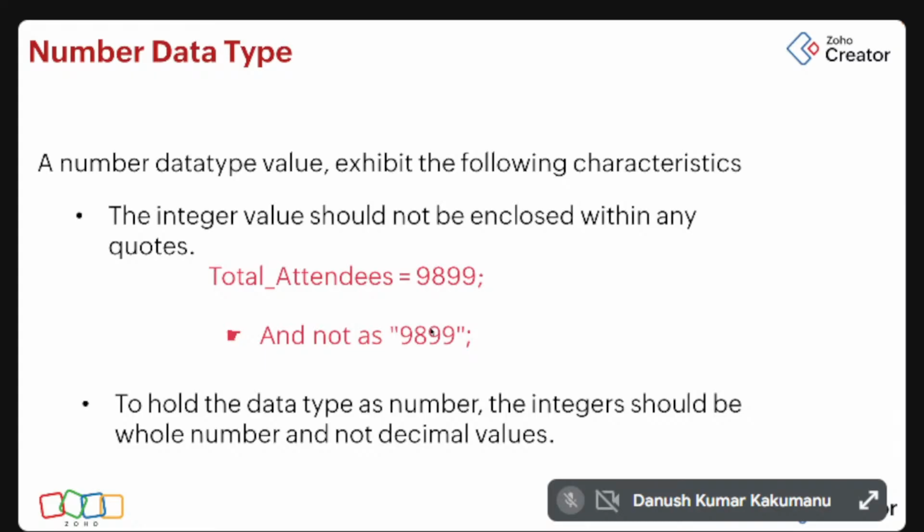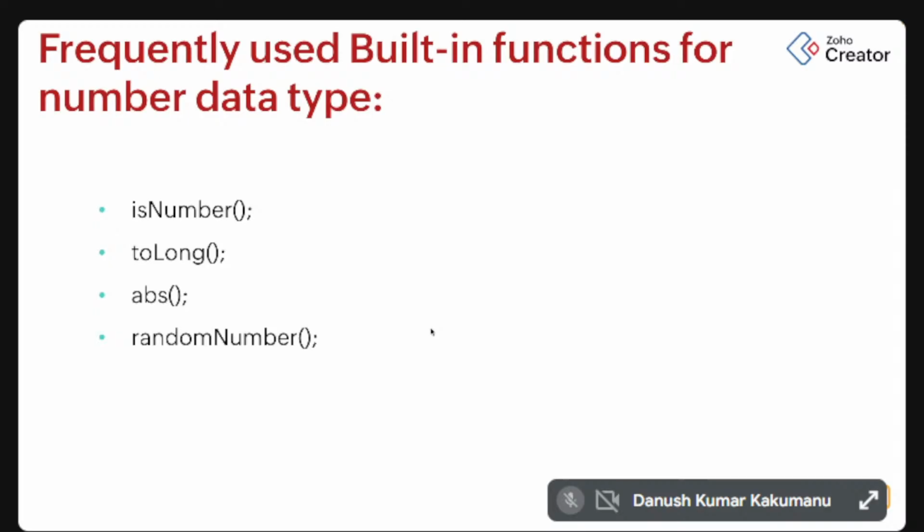If you provide decimal points, it will become a decimal value. So you need to provide a whole number. Similar to the string inbuilt functions, we have a list of number inbuilt functions. This one will check whether a given variable is a number or not.